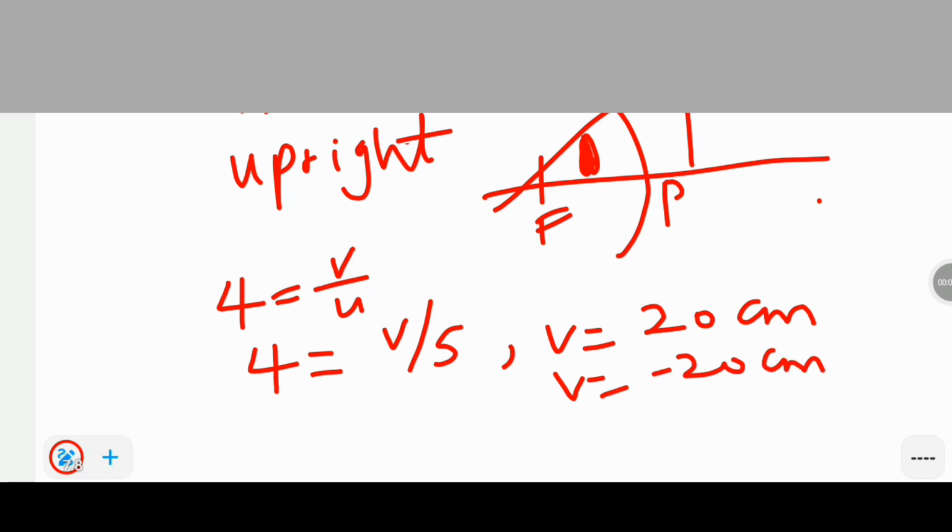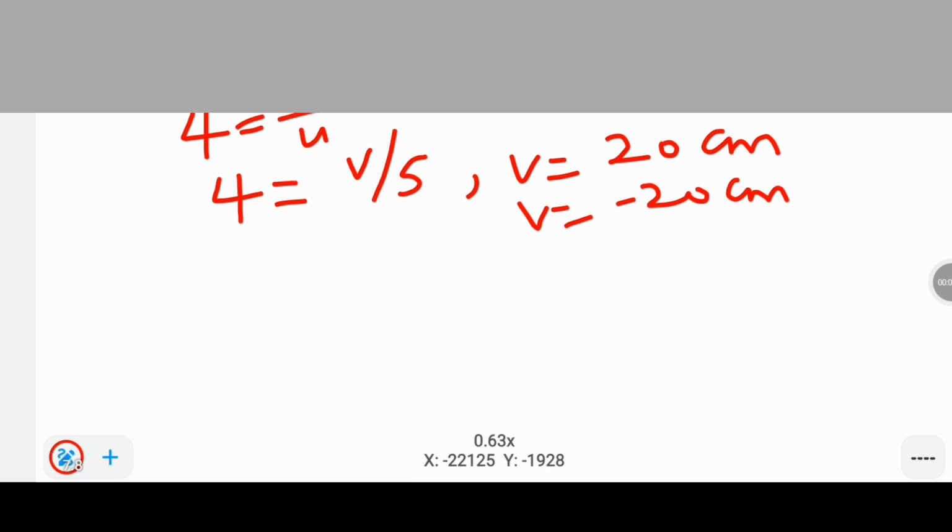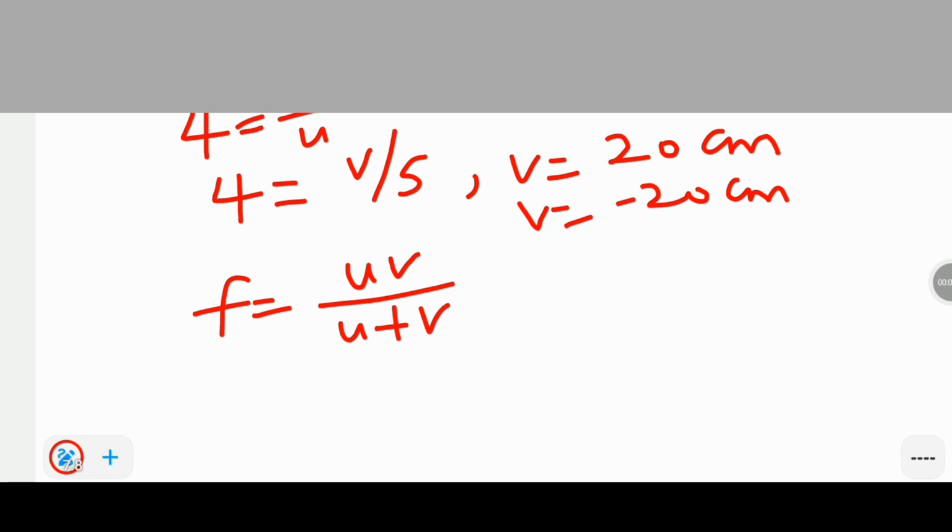So we're going to plug this value now into the mirror formula. The mirror formula is F is equal to UV over U plus V. So let's find F. Our U is 5. We're going to write 5 times, our V is minus 20.